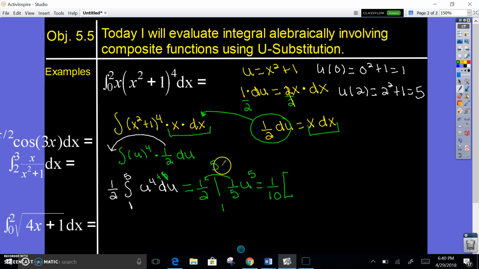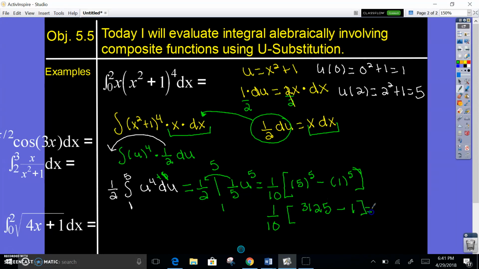And now I'm going to go ahead and put my boundary in here. So it's going to be 5 to the 5th power minus, and I'll put the bottom boundary in there, 1 to the 5th power. And then I have to remember at the end I have to multiply by 1/10. So 5 to the 5th power is a really big number. It's 3,125. And then 1 to the 5th power is just 1.